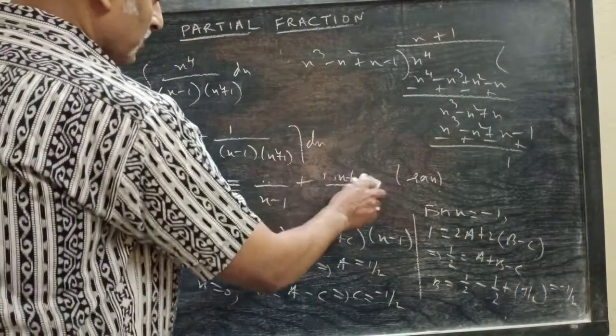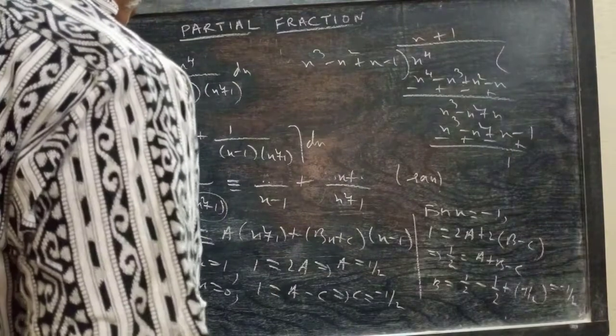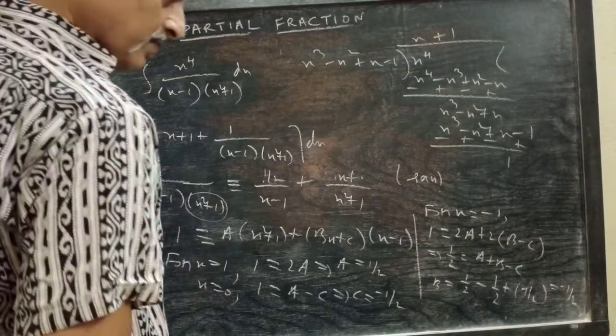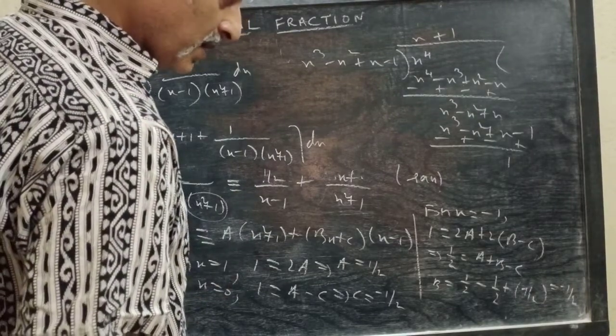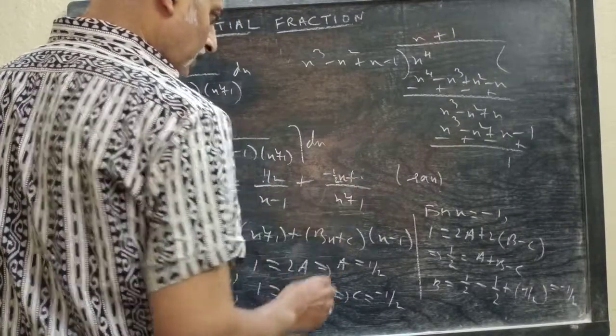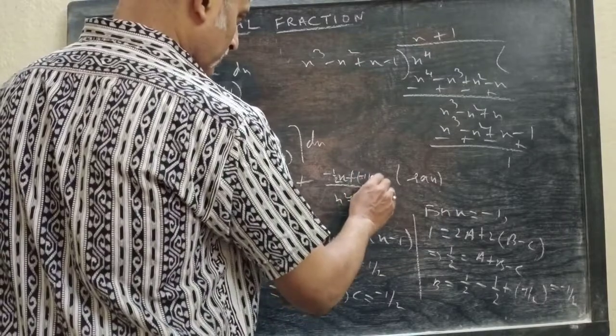So we get the values of all the three constants. Now I am substituting here. A is half, b is minus half, and c is also minus half.